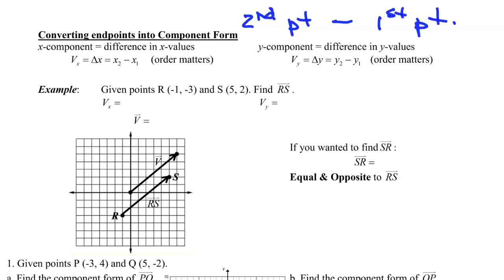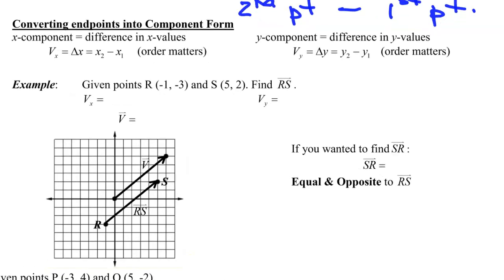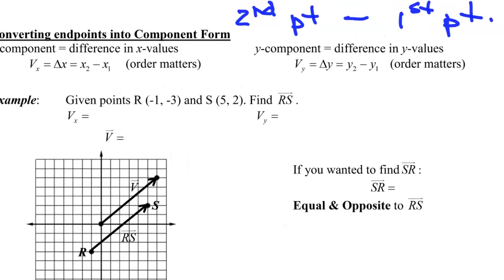I deal with the x's together, I deal with the y's together. For my example, I have the ordered pairs (-1, -3) for R and (5, 2) for point S.